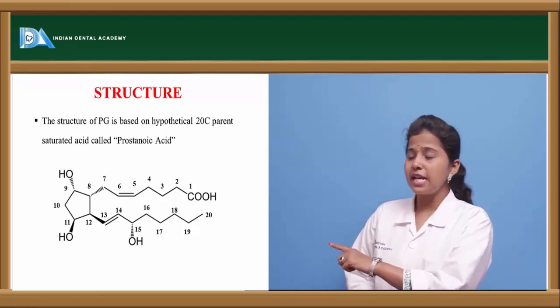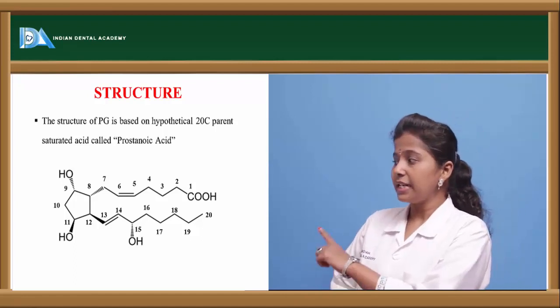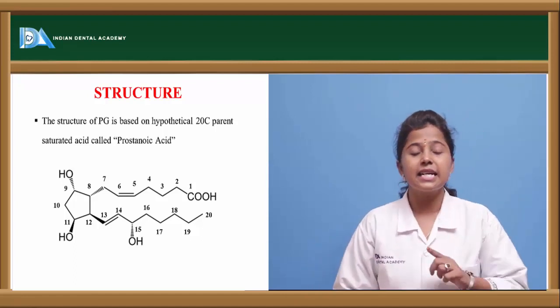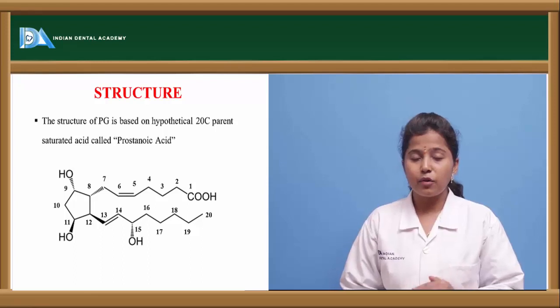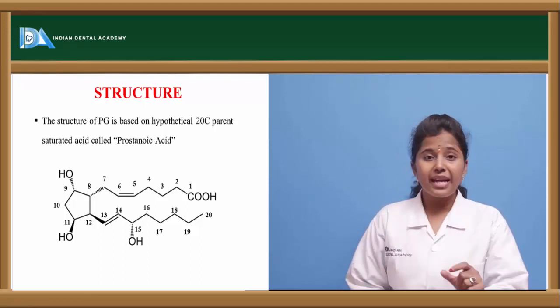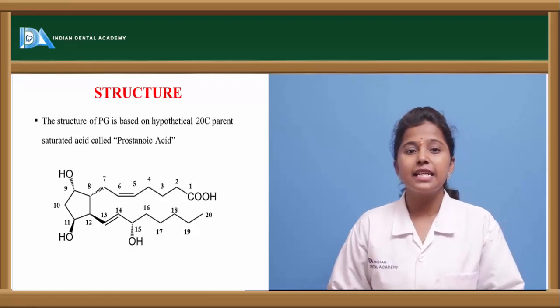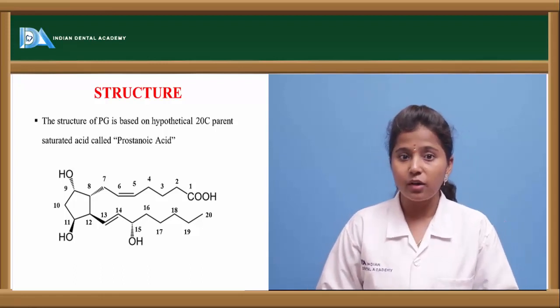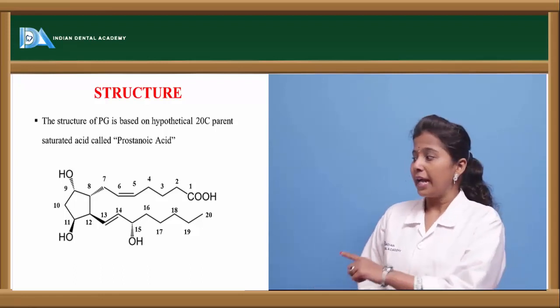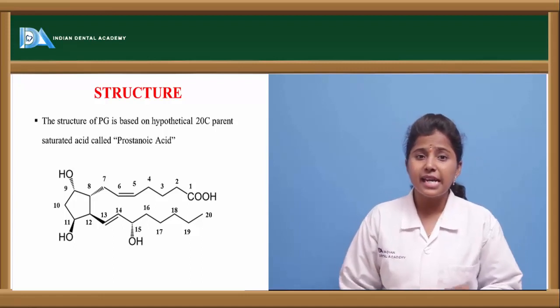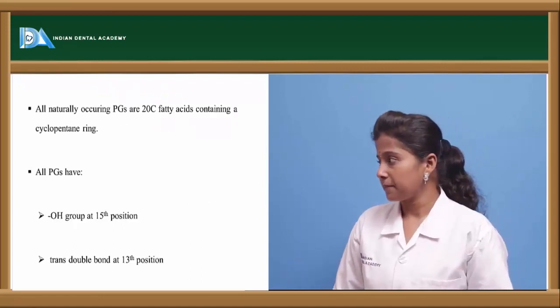We can also see at the position of C13 and C6 a trans double bond is present, and the main action of these prostaglandins is due to the C13 trans double bond and the OH group present on the C15 carbon atom.